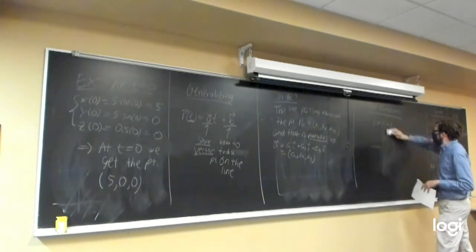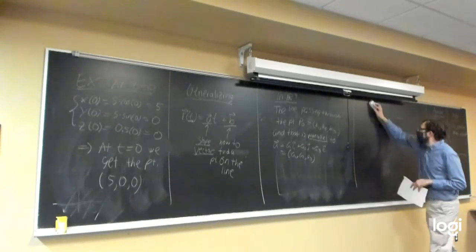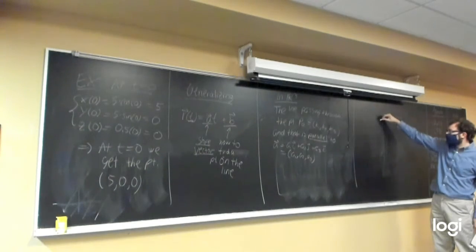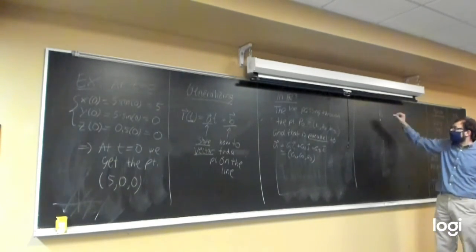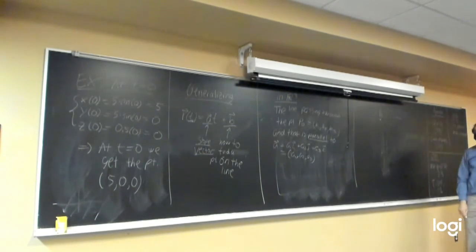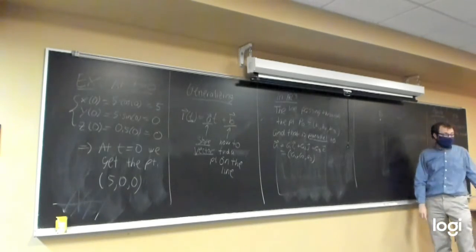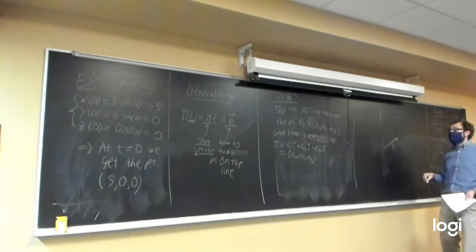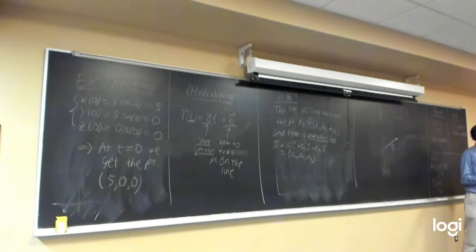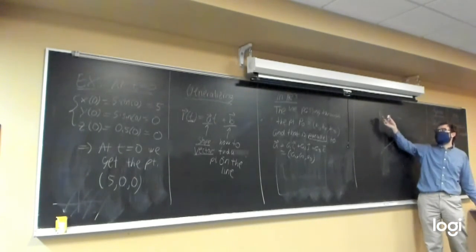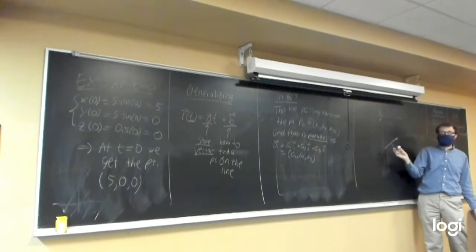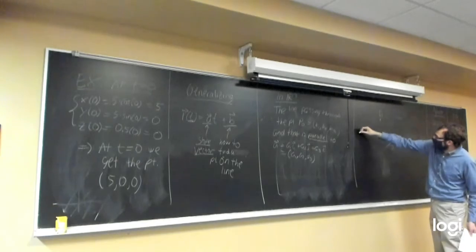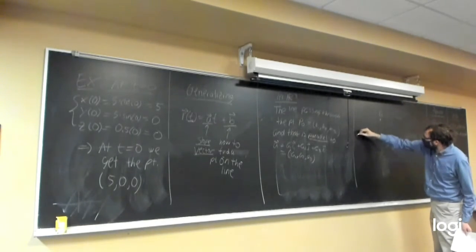Just to give you a sense of what we're talking about, let's say you have some point P0 in space, and you have some vector A, which doesn't have to go through P0. We want to find a formula for the line that passes through the point P0 and is parallel to the vector A, parallel meaning they point in the same direction.